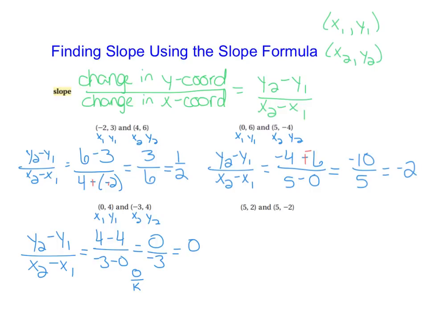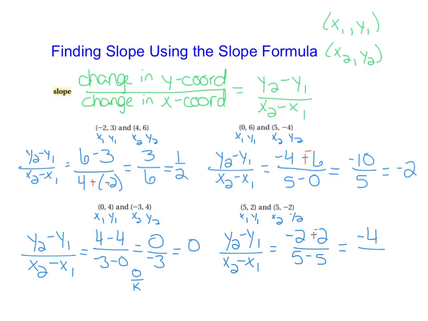Okay? Now, let's look at this. x1, y1, x2, y2. Write your formula. Plug it in. Negative 2 minus 2 over 5 minus 5. Negative 2 minus 2, that'd be negative 2 plus a negative 2. Keep it, change it.